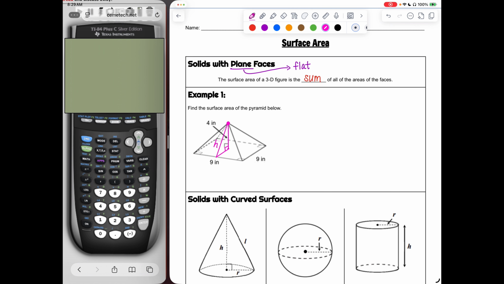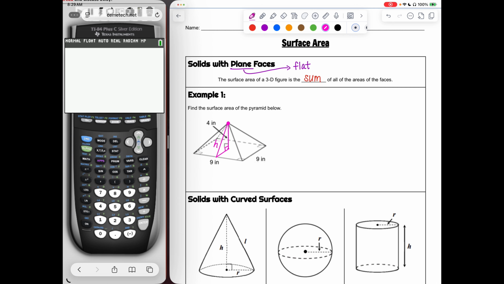So we already know that the height of the pyramid goes from the top of the pyramid down to the middle of the square base. Then we have the hypotenuse, or the height of the triangle face, which is going to be labeled H. We know that the height of the pyramid is 4.